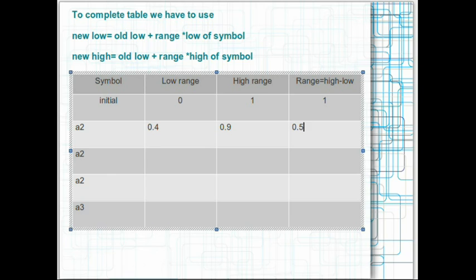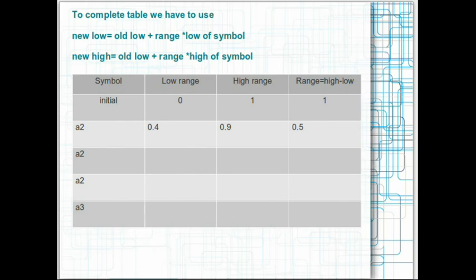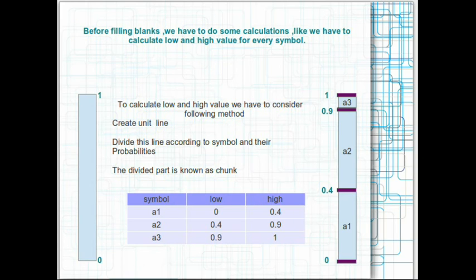Now the next symbol is again A2. Now what we have to do, we have to update certain values. For A2, to calculate the low range, again use the formula new low equals old low plus range into low of symbol. Here the old low is nothing but 0.4 and range is 0.5. Low of symbol is taken from the table, which is 0.4.